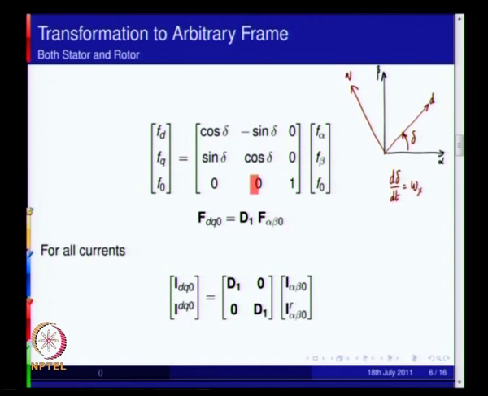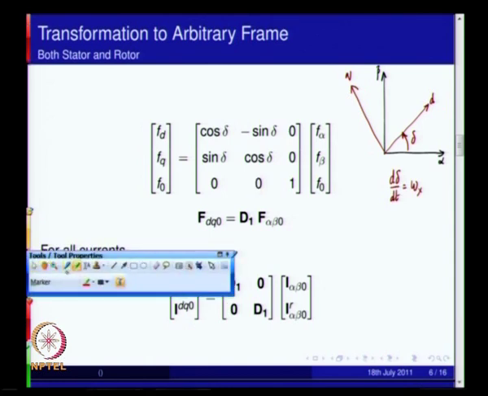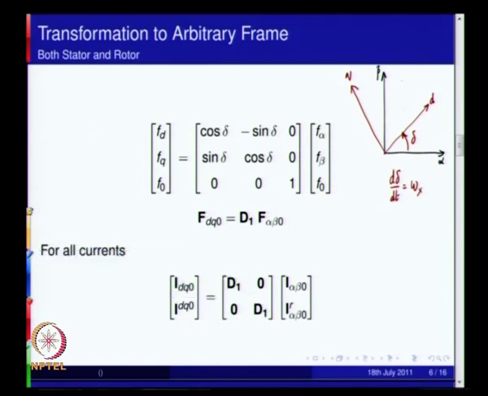Again, I would ask you to remember that what is really happening is that we have a net MMF that has been produced as a result of excitations along the alpha and beta axis. Say for example the stator: this is the net stator MMF that will have a beta axis component and an alpha axis component.